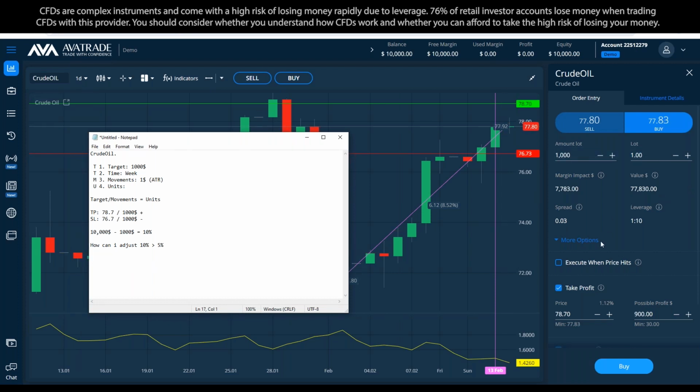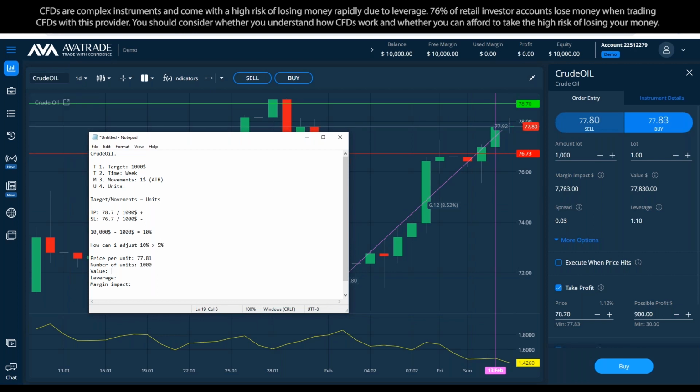So we're going to put here several things. We're going to put the price per unit, then the number of units, and then the value, leverage, and margin impact. The price per unit is 77.81. The number of units in this case is 1,000.